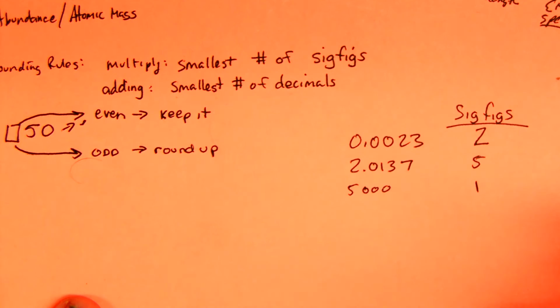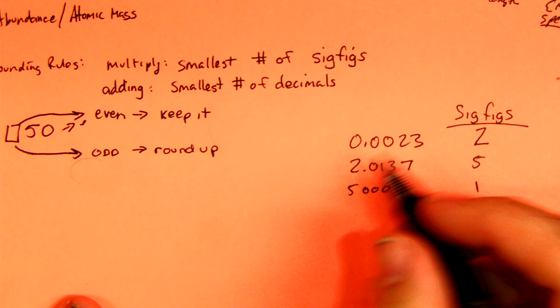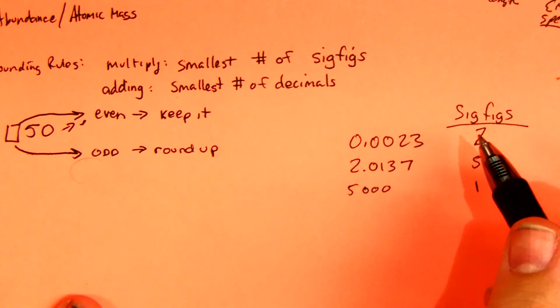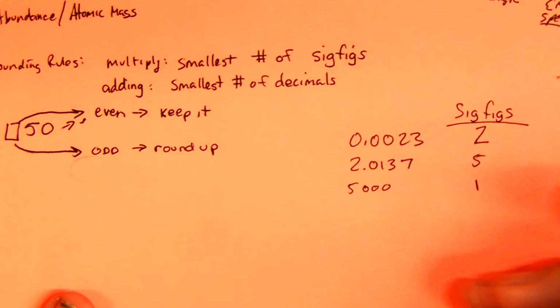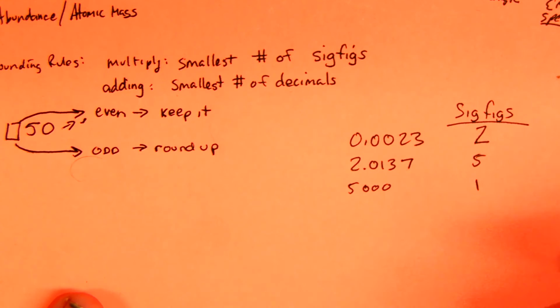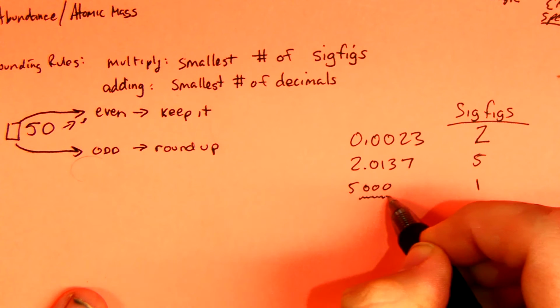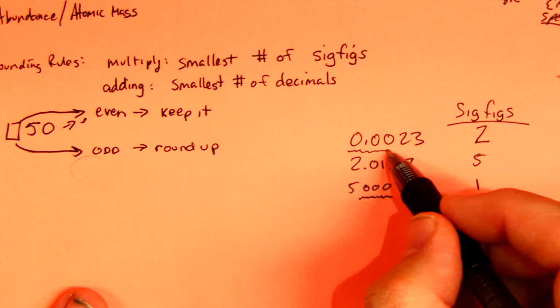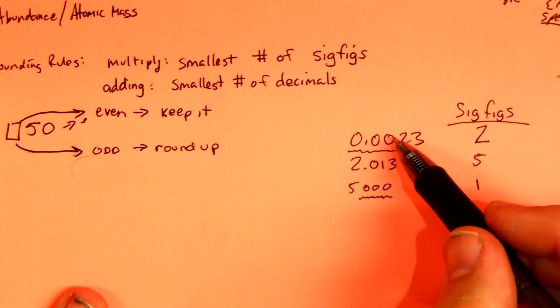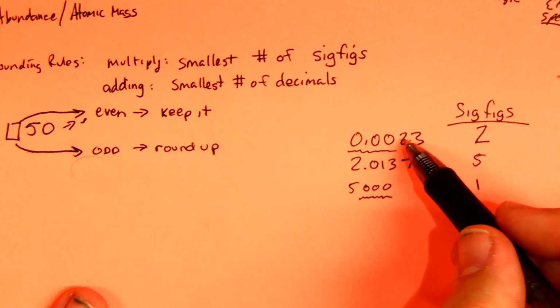The biggest thing is everything's significant unless the zeros are placeholders. Without these zeros, we wouldn't know it was 5,000. So they're not significant. Without these zeros, we wouldn't know that it was tens, hundreds, thousands, or 23 thousandths.